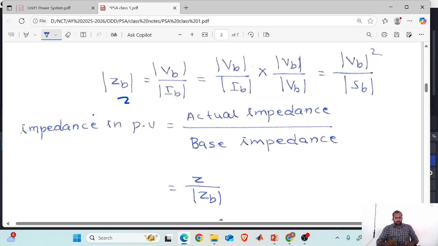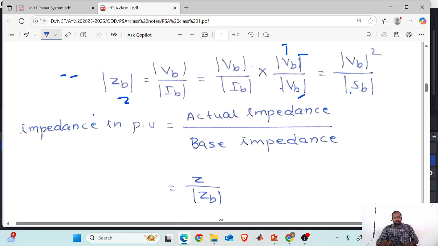And here you can see ZB, the base impedance, is equal to VB divided by IB. So this can be written as VB divided by IB, and we multiply and divide by the term VB.